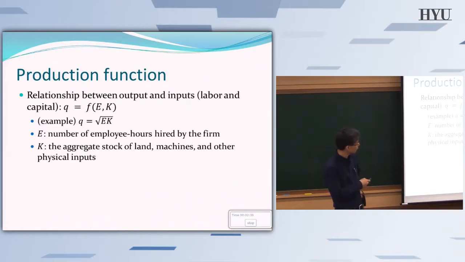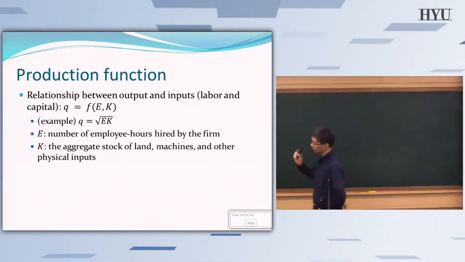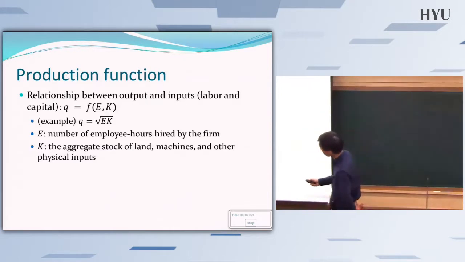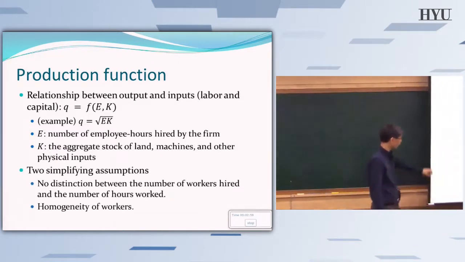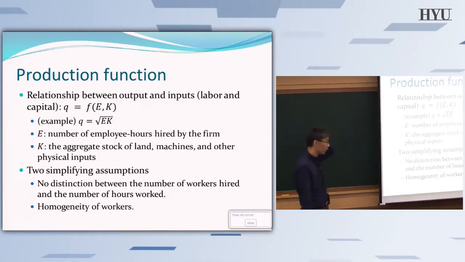For the labor input, usually we use the number of employee hours, which means generally the number of employees times the hours per person, or a total of employee hours. And K is the capital: land, machines, physical inputs. We make two simplifying assumptions. One is that at this moment we do not distinguish the number of workers hired and number of hours worked.